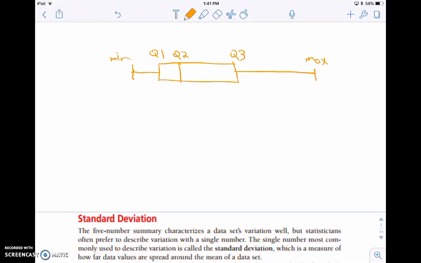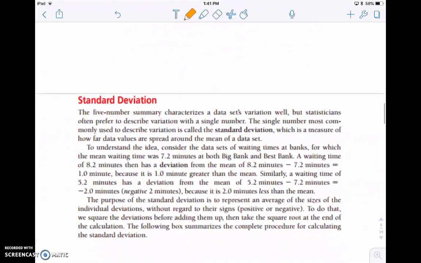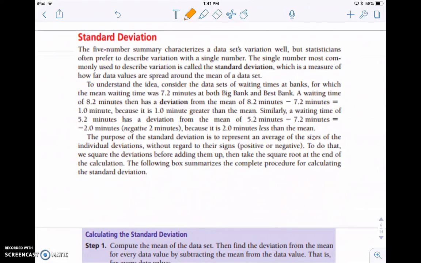Now, the 5-number summary characterizes a data set's variation pretty well. It does a pretty good job, but statisticians and researchers prefer to describe this variation with a single number. The most commonly used number for variation is what we call the standard deviation.